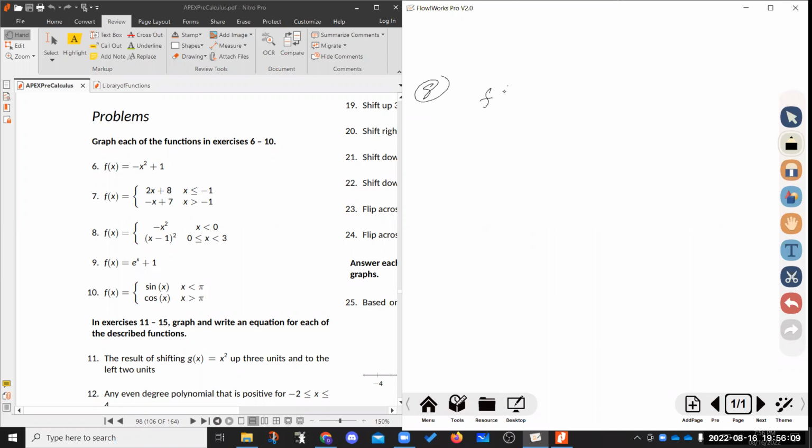Number 8, f of x is going to be equal to -x² for x less than 0, and (x minus 1) quantity squared for x's between 0 and 3. 3 is not included, 0 is included. So 0 squared is 0.